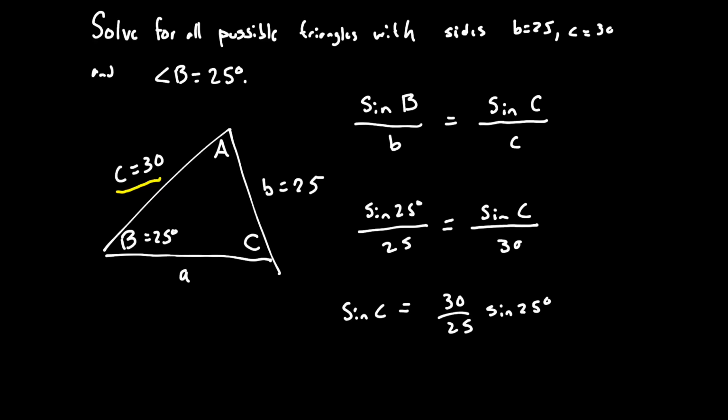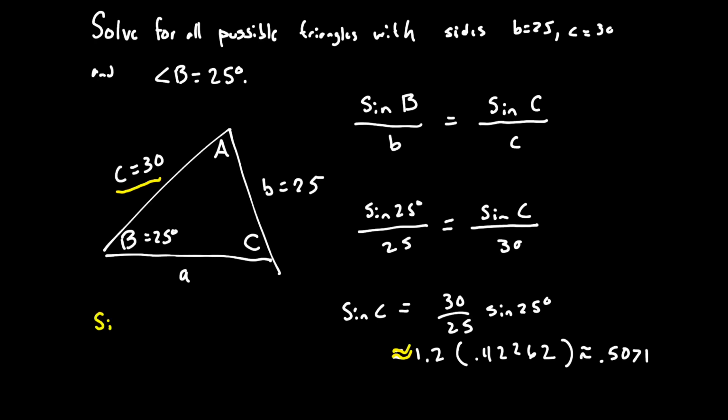Writing this as a decimal approximation, this is going to be equal to 1.2 times 0.42262. Again, let me denote this as an approximation. Simplifying this, this is about equal to 0.5071. Then let's go ahead and write the trig equation that we have.